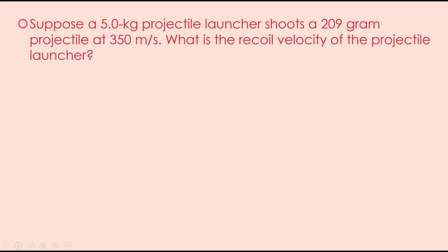So we start out the exact same way. We say the sum of the momentum of everything before equals the sum of the momentum of everything after. So before, nothing's moving. Nothing has any momentum. So it's all zero. It's stationary.